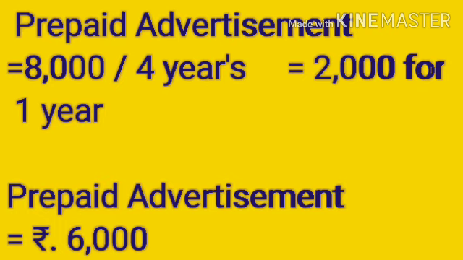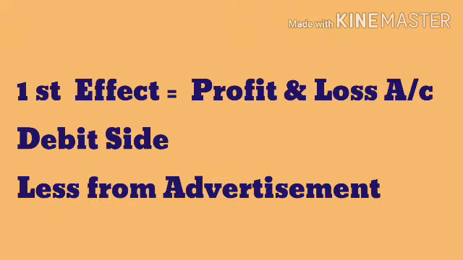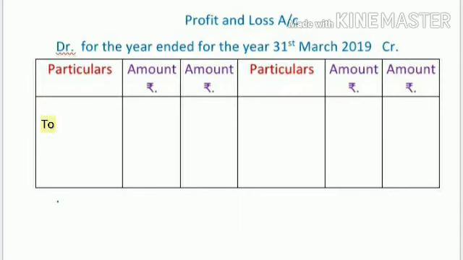Remaining 6,000 is advertisement for next year, next 3 years. In this example, rupees 6,000 advertisement is prepaid. First effect, profit and loss account debit side, less from advertisement.